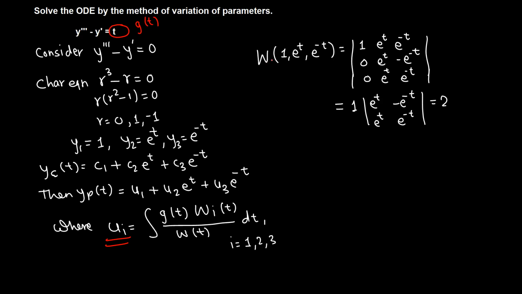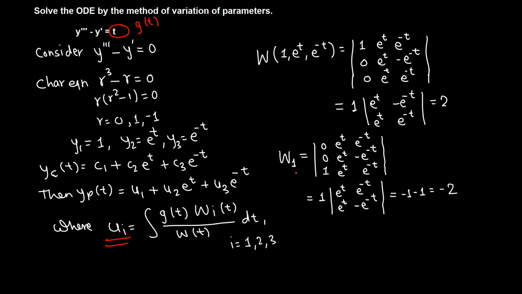So W1 is the same determinant, where we replace the first column, 1, 0, 0, by 0, 0, 1. And W2 is the same, but we replace the second column by 0, 0, 1. And W3 is the same thing, but the third column will now be 0, 0, 1. Okay, so let me calculate W1 and W2.